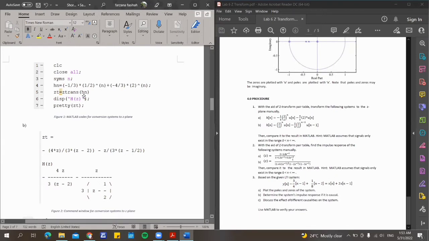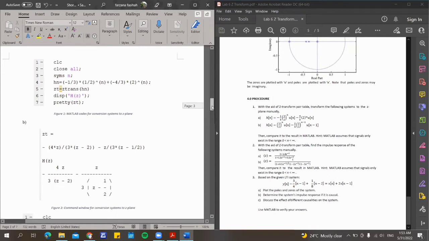The ztrans function will produce the Z transform, and we display the answer in the command window with the display and pretty functions.